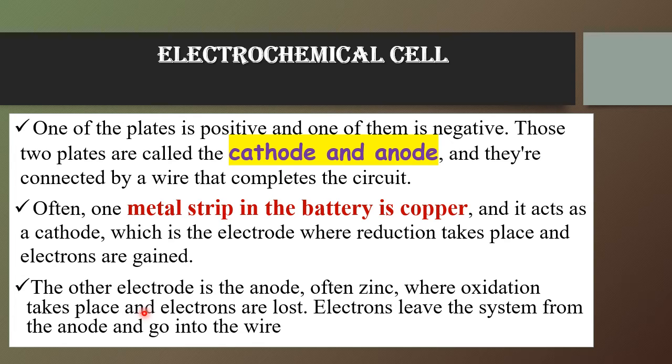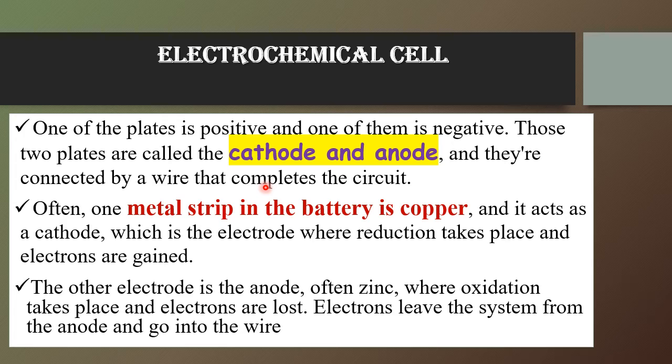So the electrochemical cell, what we have learned is that it is any type of instrument consisting of two different types of electrodes which cause the flow of current or would generate the current due to the electrochemical reaction, that is the redox chemical reaction, oxidation reduction reaction.